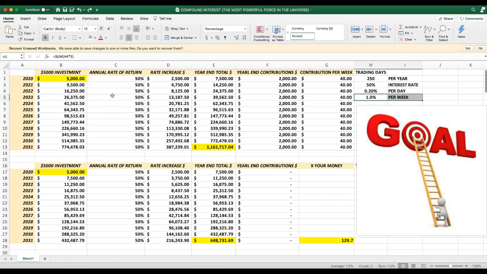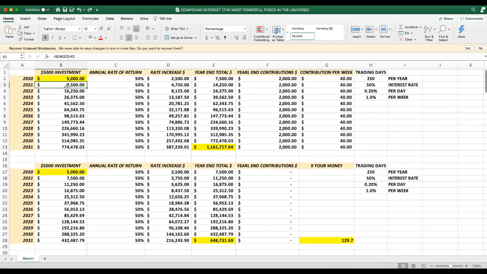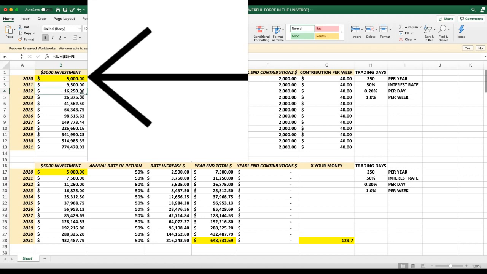Not trying to overdo it, not constantly swinging for the fences and trying to make huge percentages. You just need to be solid with your percentages. And it shows you where it goes up. You would start 2021 with 9,500, and you would start 2022 with 16,000, and you would start 2023 with 26,000. You can see how that grows every year.